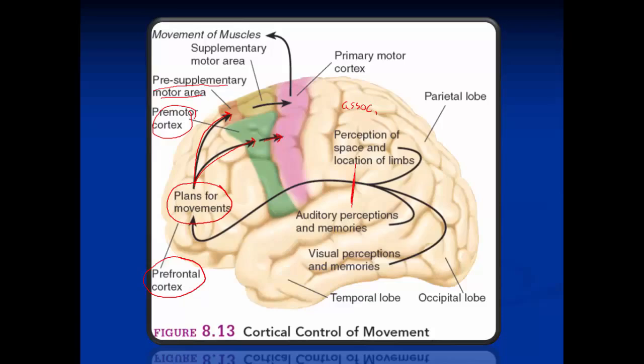Now we also have something called the supplementary motor area. That's going to send information on into the primary motor cortex also. So you can see a couple of the big inputs here just from the cortex. Remember, it's just the cerebral cortex. We're going to have the supplementary motor area coming in, and we will have the premotor cortex coming in.